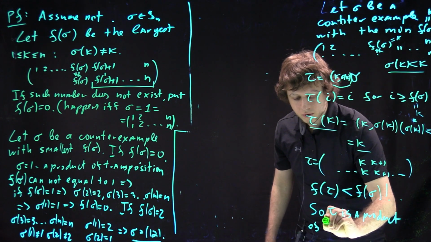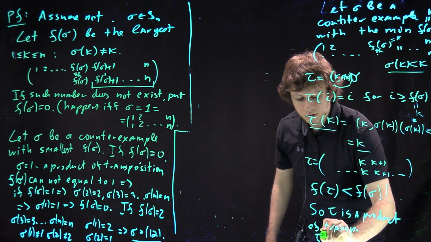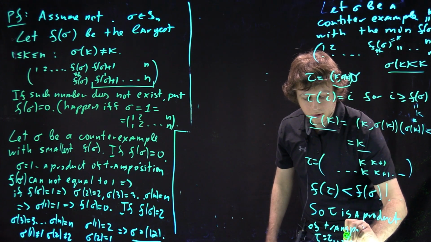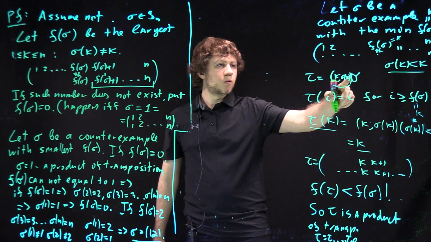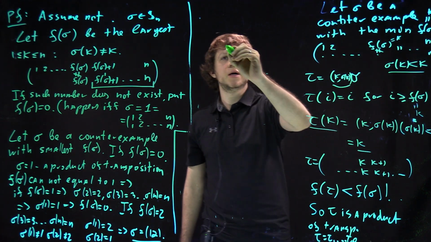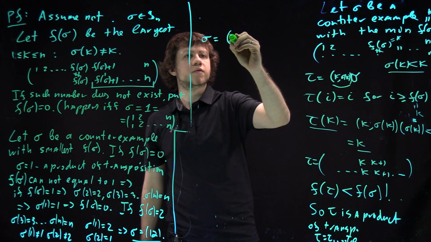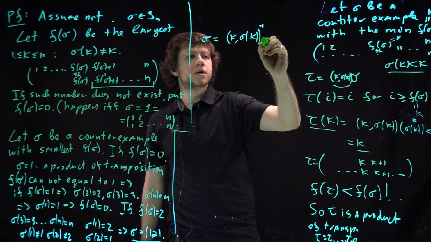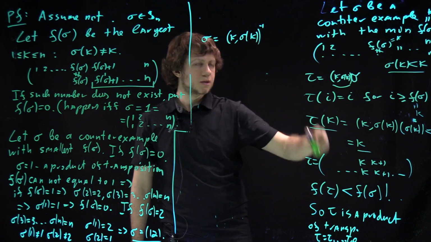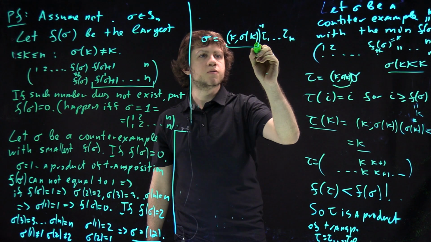But we know that f of sigma is the smallest counterexample, so tau is a product of transpositions. We'll say tau equals tau 1 to tau l, a bunch of transpositions. But then of course sigma equals the transposition k sigma of k inverse, and then we need to multiply on all this stuff. Let me call this one tau 0.